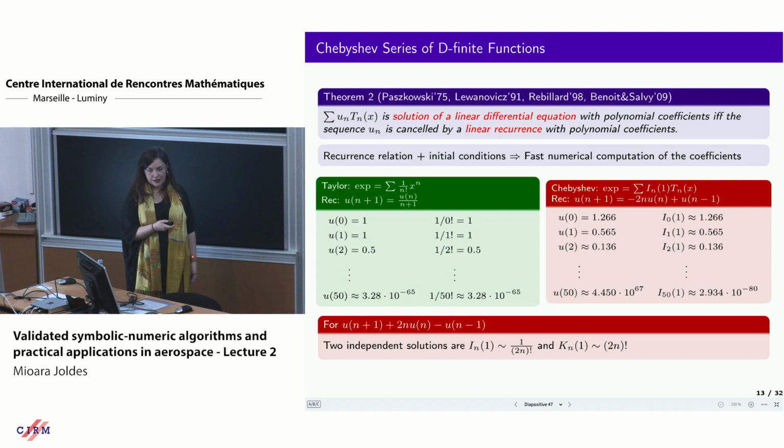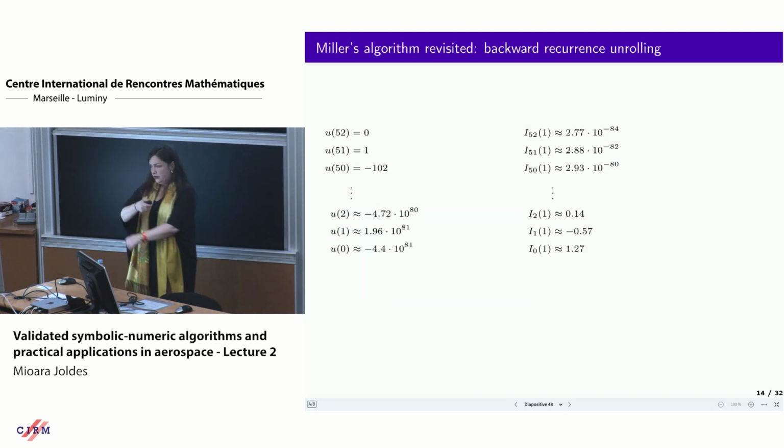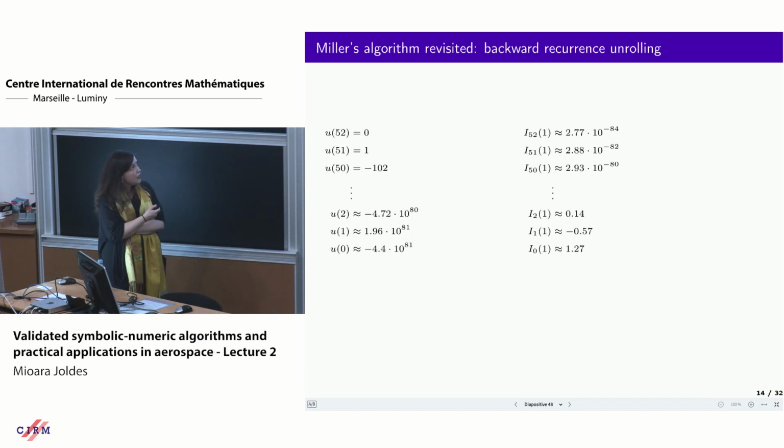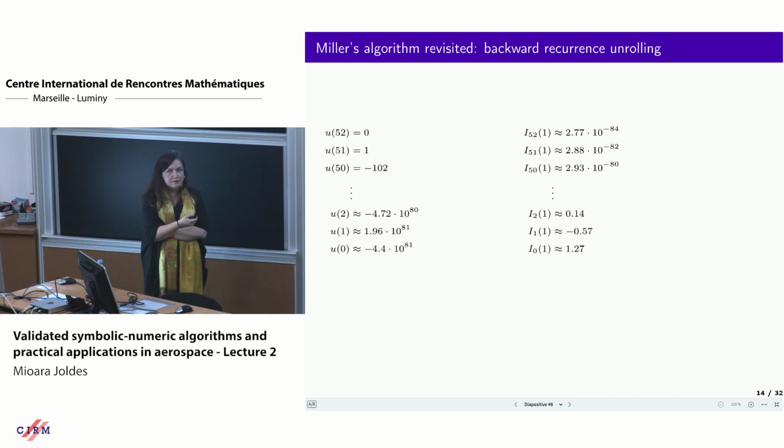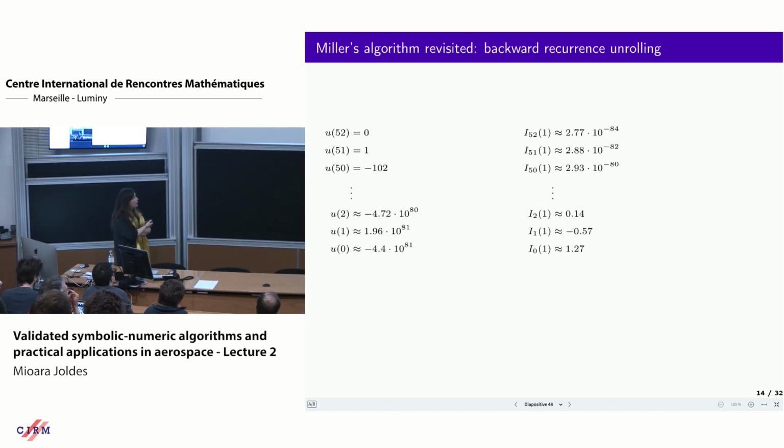So this is exactly the trick that was already used in an algorithm called by Miller. And in the basic case, this is how we proceed. We try to unroll the recurrence backward, but I don't know what the U of 52 will be exactly, so I can just put some standard initial conditions.